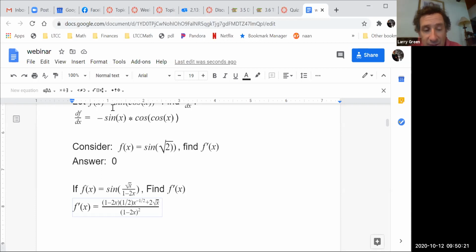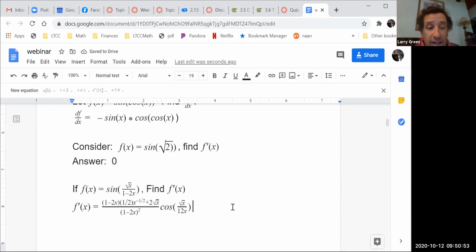Okay, times. Now it's the derivative of the sine, and the derivative of the sine is the cosine. I think the easiest is just copy and paste this and change the sine into a cosine. And that's the answer.